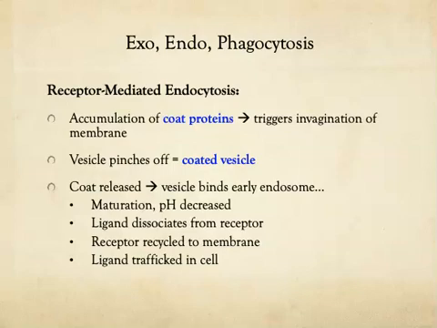So as the pH drops down and drops down, it'll hit a level that will trigger the ligand to release from its receptor. The receptor is going to get recycled back to the membrane, in fact. The ligand is going to get trafficked somewhere in the cell.